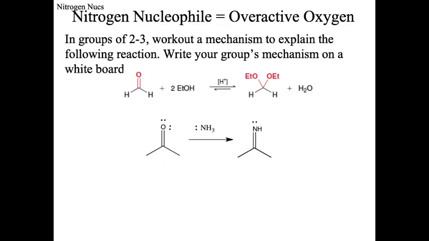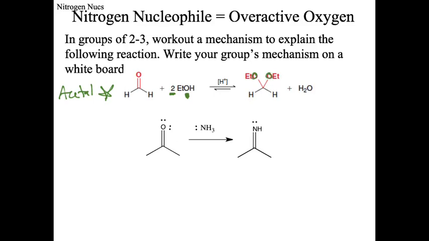So don't worry about working out a mechanism together. We'll talk through it. Let's take a look at the reaction shown below. There are two reactions there. The first one is our acetal mechanism. In the acetal, the big thing to note is that we had two oxygens come in and attack, right?